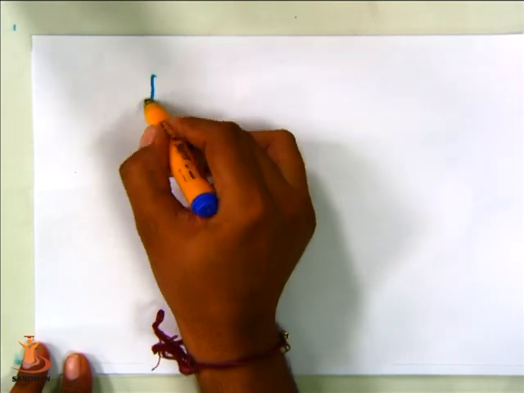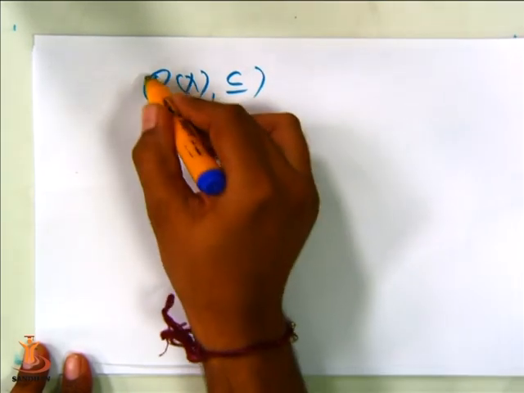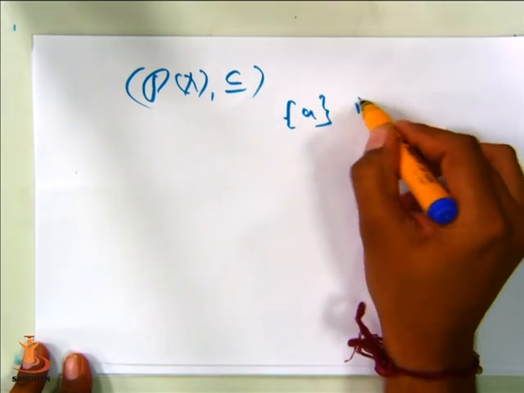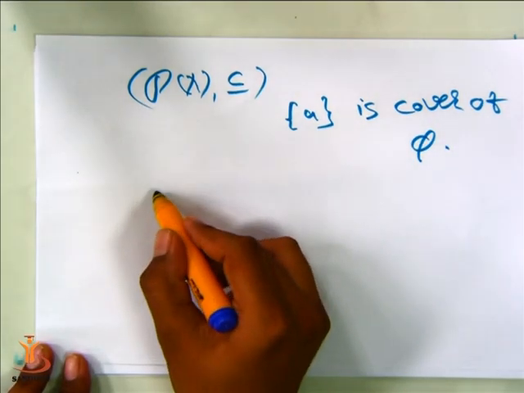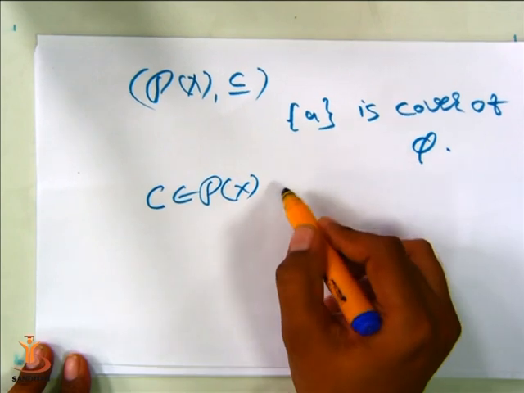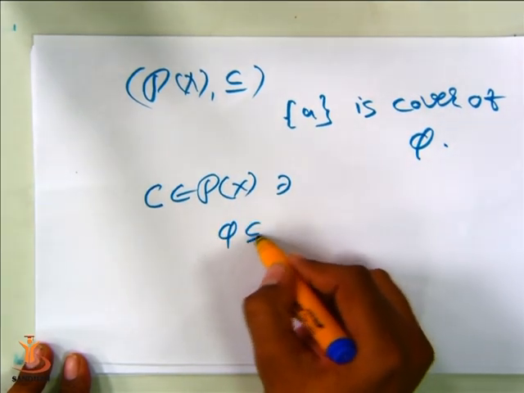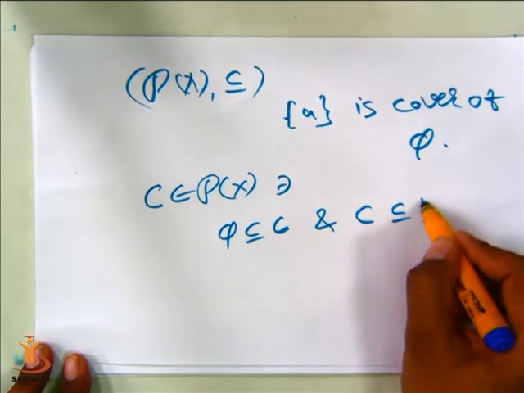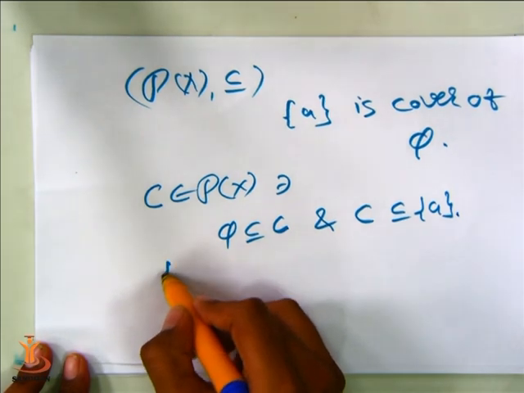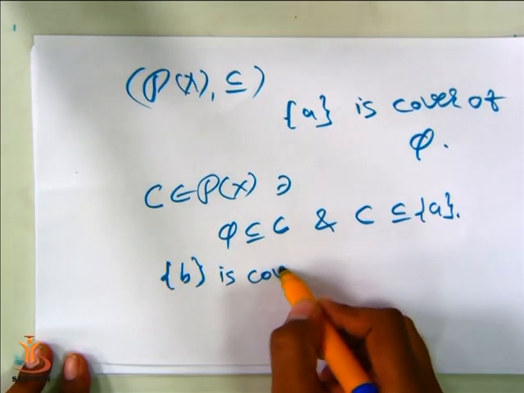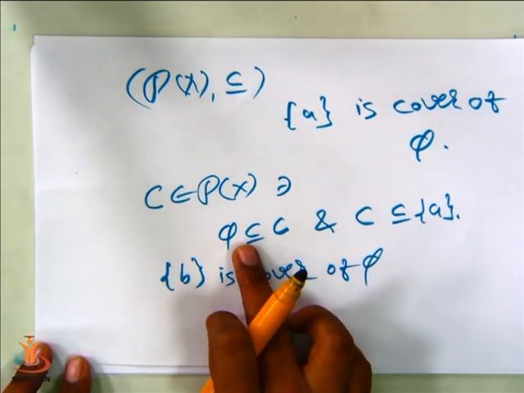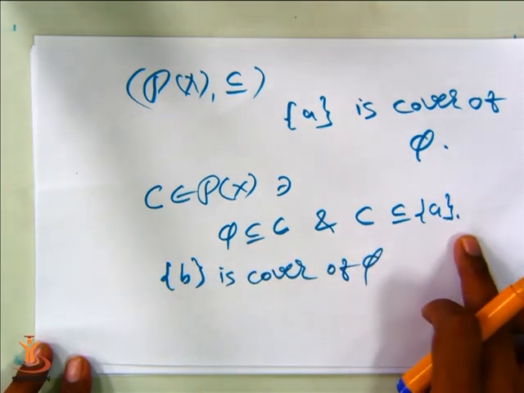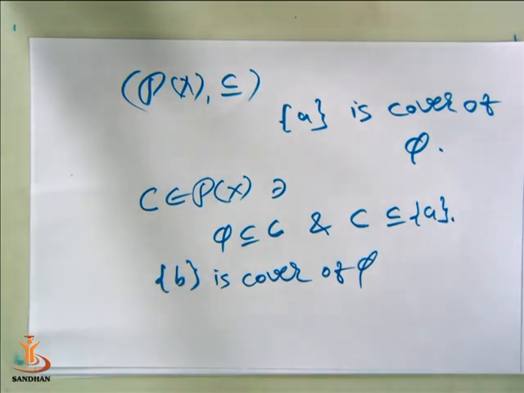Here we can say that in the power set of X, singleton set A is a cover of phi, because there is no element C in the power set of X such that the empty set is a subset of C and C is a subset of singleton set A. Similarly, singleton set B is again a cover of phi, because there is no element C in the power set of X such that phi is a subset of C and C is a subset of singleton set B. So in the power set of X with X equals to A and B, there are two elements as a cover of phi.